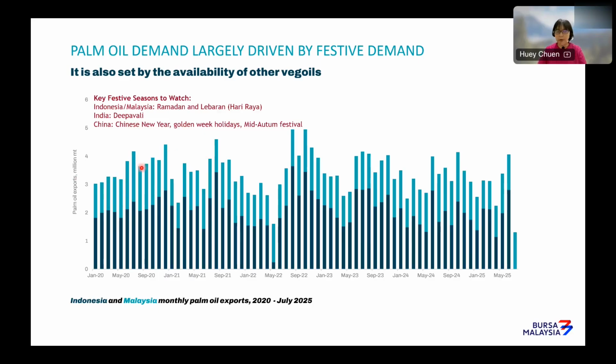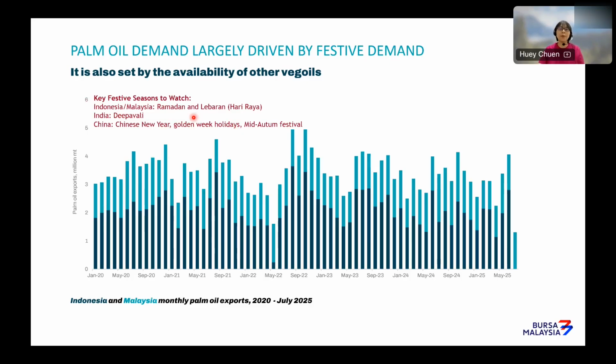So we have high production in the third quarter, but we have rising demand usually starting from the first quarter into the early fourth quarter, so usually like March or April until October, November. And this pattern is actually driven by a few factors. Of course, first of all, you have to look at the Ramadan or the Lebaran.